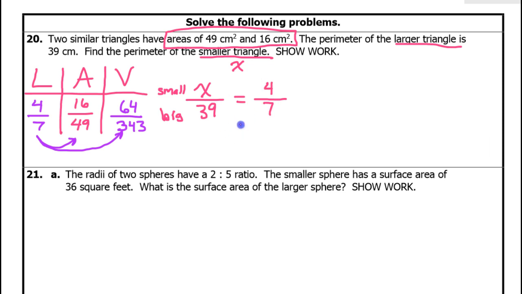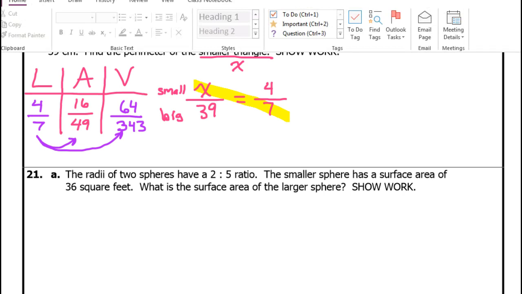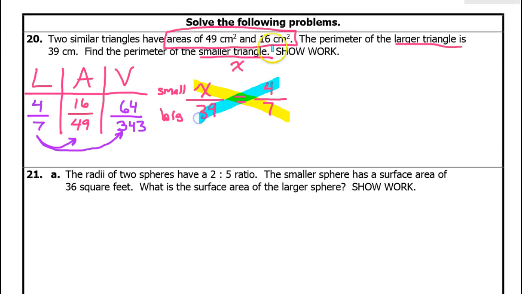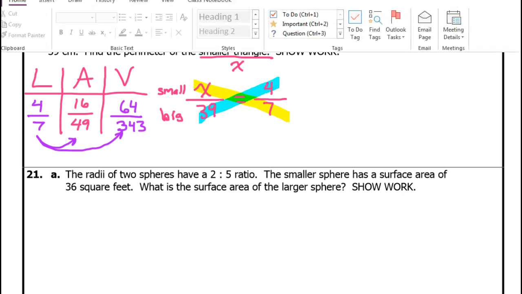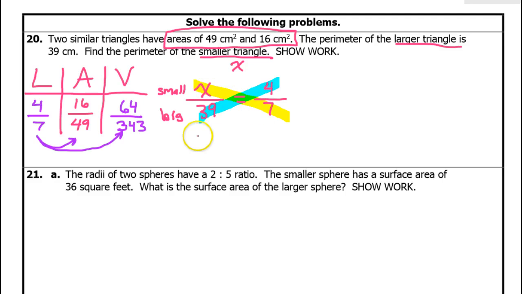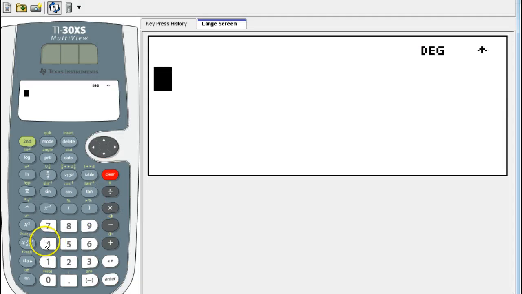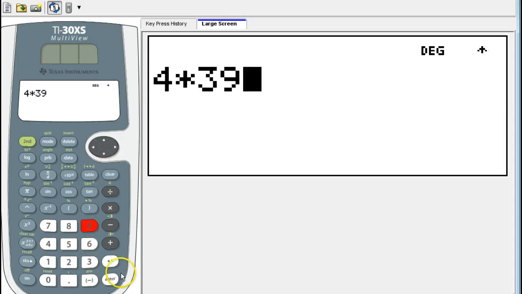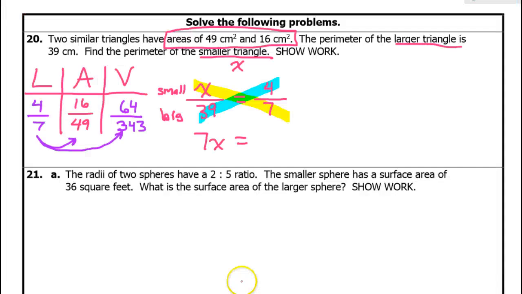So that's how you set it up, and now we will just cross multiply to solve for x. When we cross multiply, we multiply this diagonal, and then we multiply this diagonal, and we set those equal to each other. The yellow diagonal gives us 7x, and the blue diagonal, 4 times 39, I'm going to have to check that out. 4 times 39 is 156.